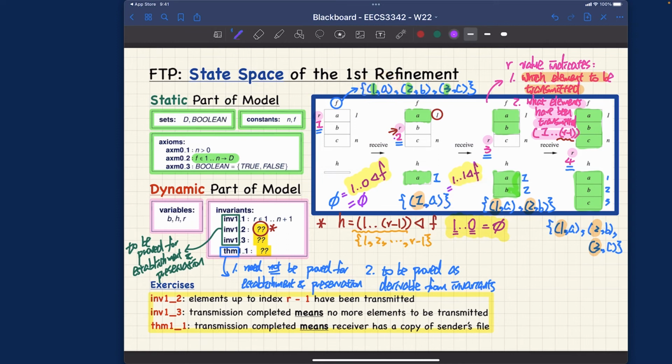Right? For completeness, let's now finish the other two. This one will be equal to, the R value is actually equal to 3. So 1 up to R minus 1, which will be 2. That will be for the restriction of the domain of F. Right? So that's the next one. And the final one over here, the R value is actually equal to 4.